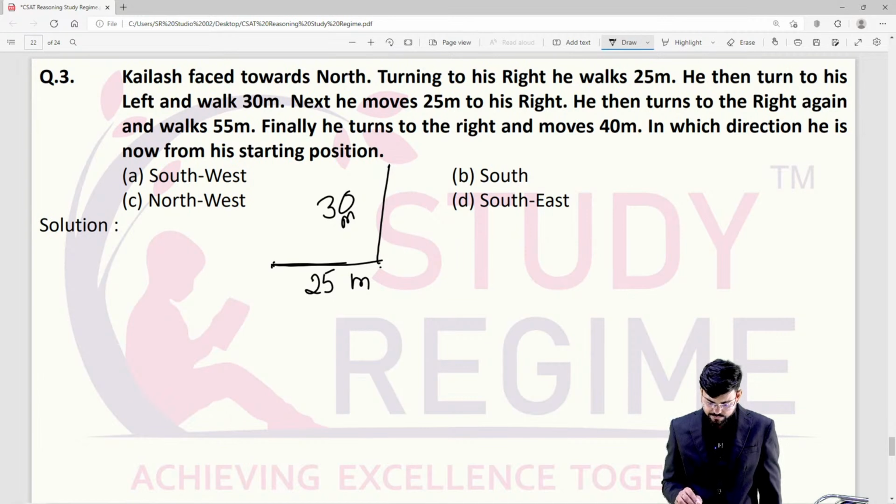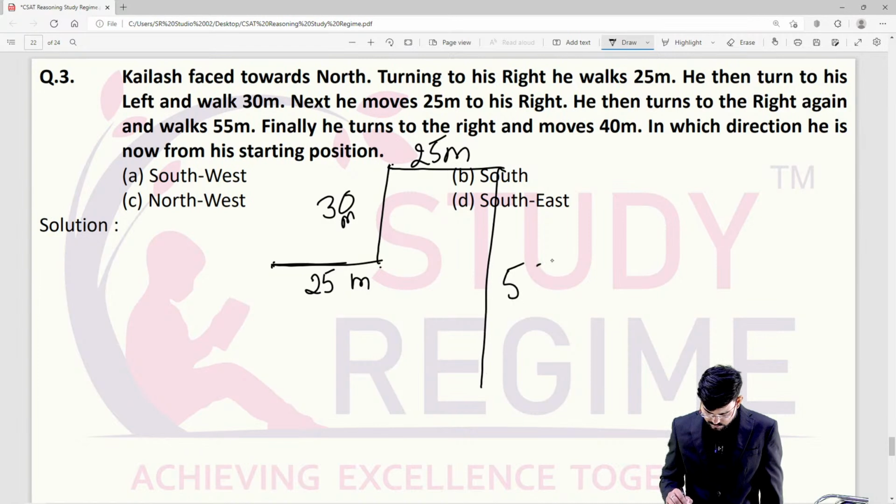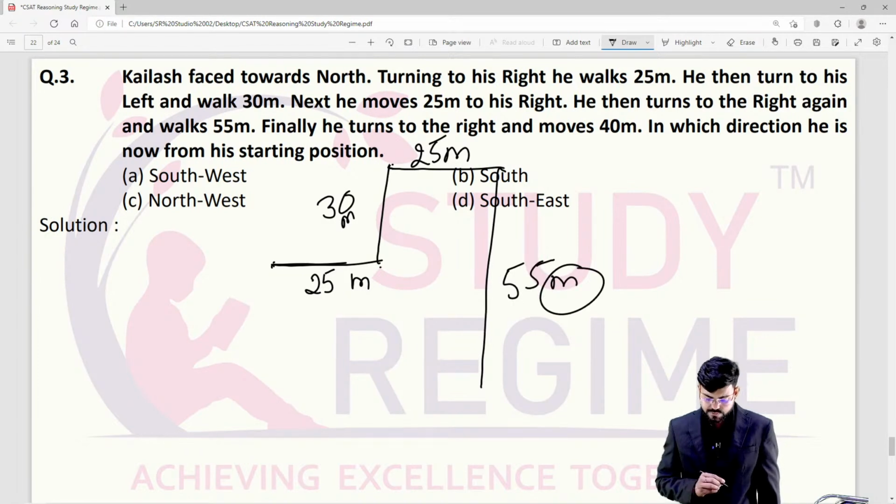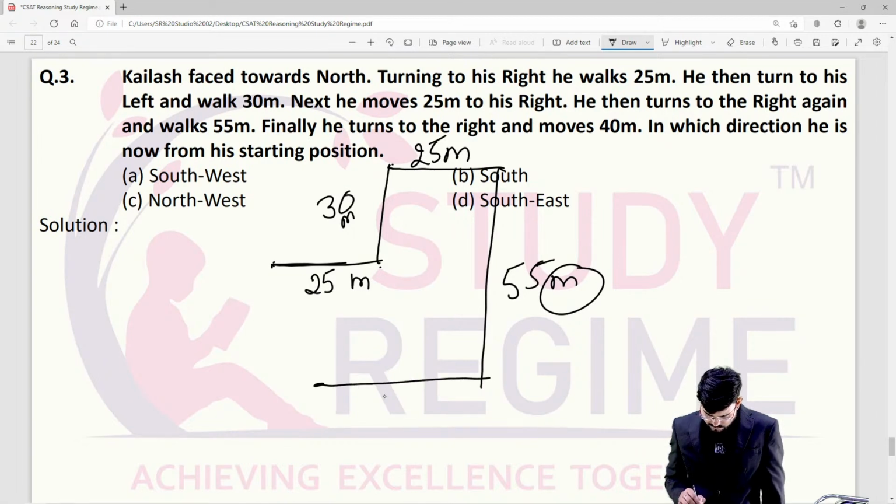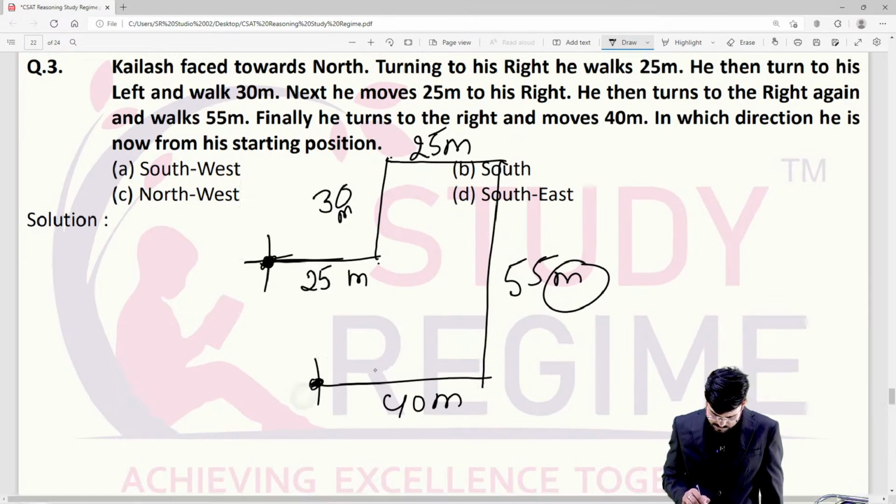Now he moves 25 meter to his right. Then again he takes a right turn and walks 55 meter. Finally, he turns to the right and moves 40 meter. This is the initial position of Kailash and this is the final position of Kailash.